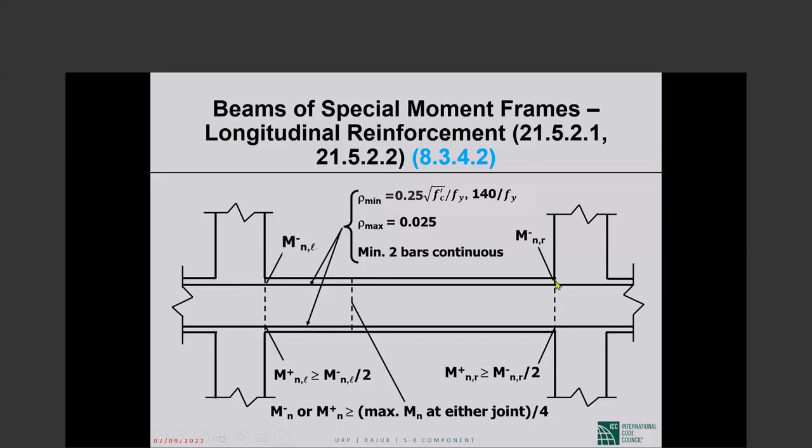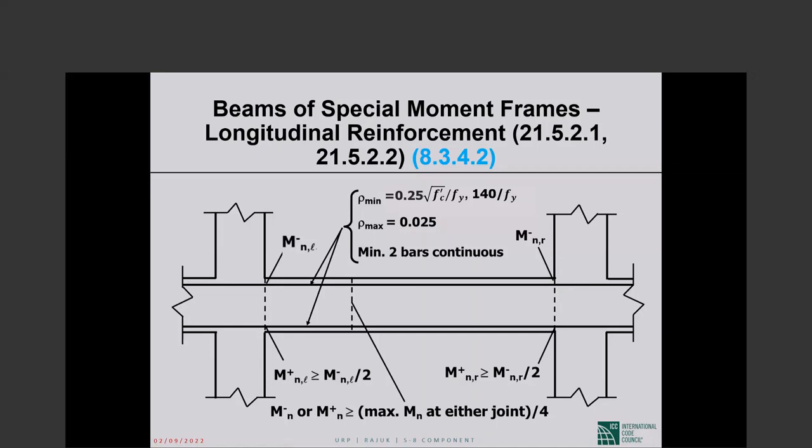That support section has a negative moment strength. The larger of the two, okay, is a number. 1/4 of that has to be at least the positive or the negative moment strength everywhere along the length of the beam.